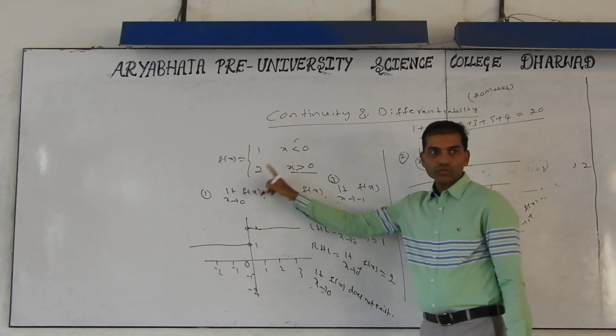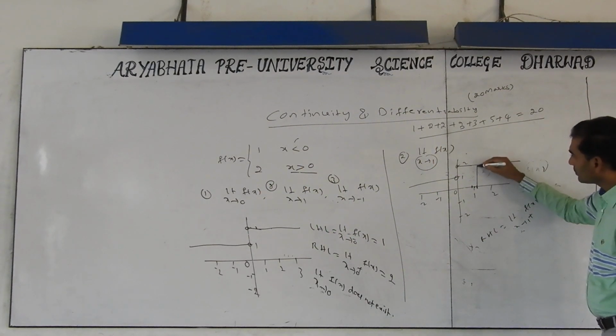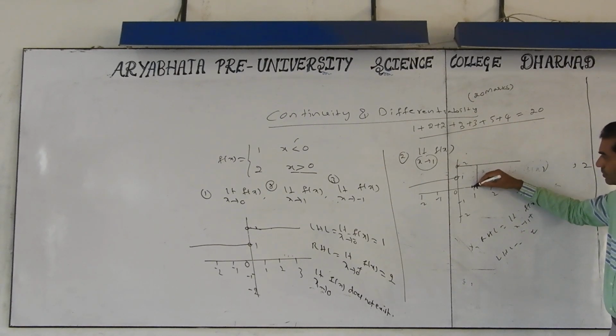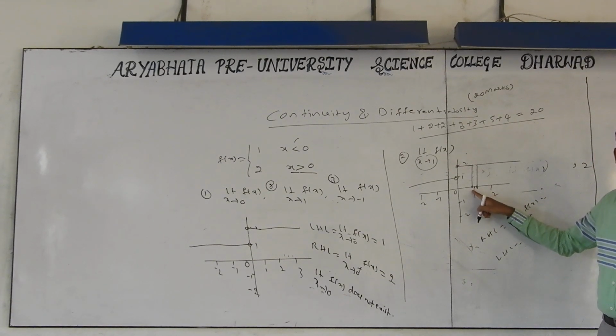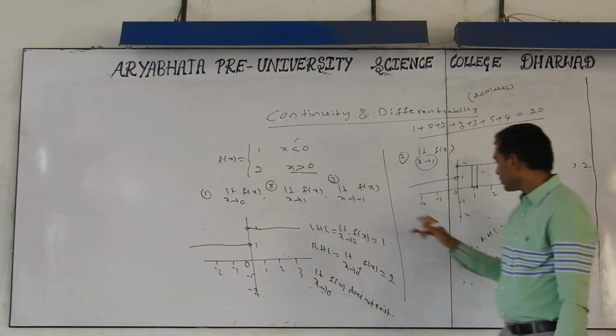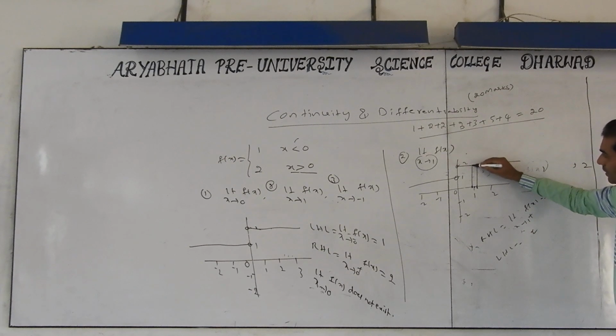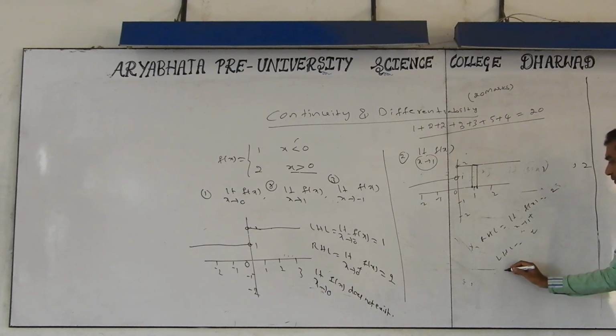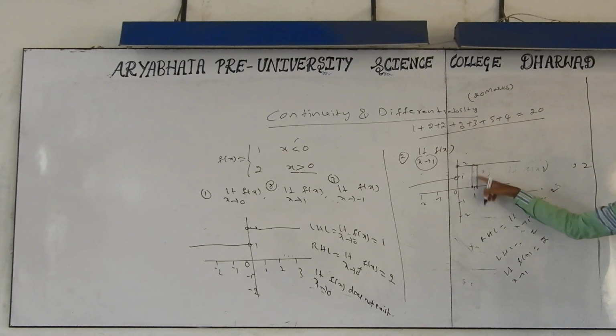What is the value? 2. The left neighborhood also gives 2. Left neighborhood of 1, 0.9, comes under above 0. 2. So for both left and right, the answer is the same. The limit exists. Therefore the limit as x tends to 1 of f of x is equal to 2.